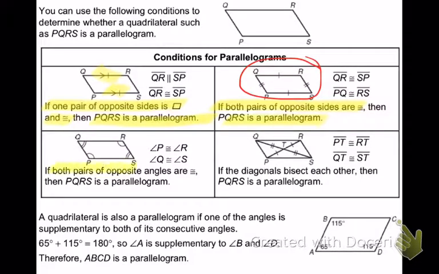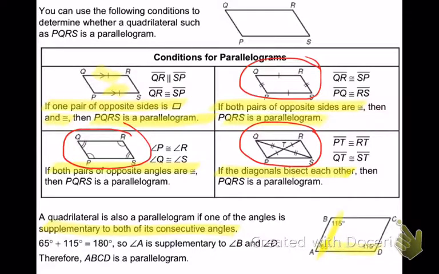If opposite angles are congruent, what do you know? It's a parallelogram. And the last one, if diagonals bisect each other. What does it mean to bisect? Cut in half, so make them equal to each other. If they bisect each other, those are also congruent. So those are the 4 conditions. And then the last one, which is what we talked about yesterday as well: if consecutive angles are supplementary, it's also a parallelogram.